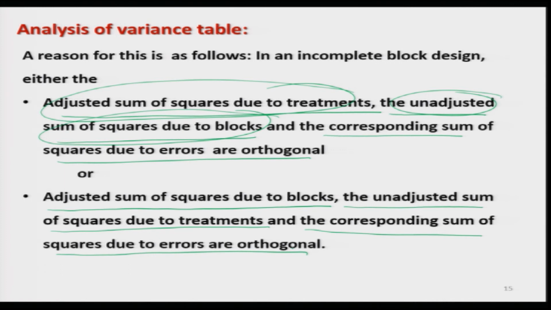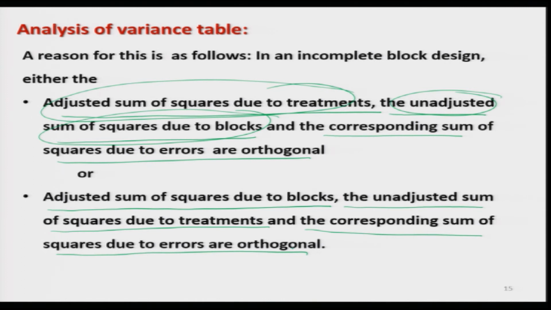So, you can see here that when TSS is partitioned into the sum of squares due to block, treatment and errors, then between blocks and treatments, one of them has to be unadjusted and one of them has to be adjusted. So, when you consider the treatment sum of squares to be adjusted, then obviously, if you want to satisfy the Fisher-Cochran theorem, the block sum of squares has to be unadjusted.